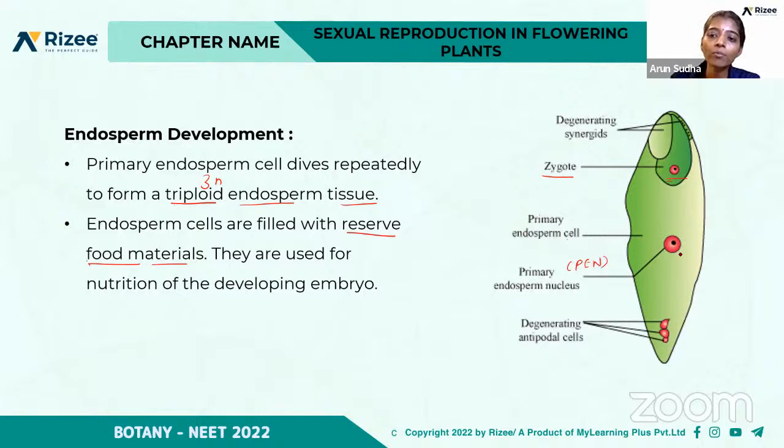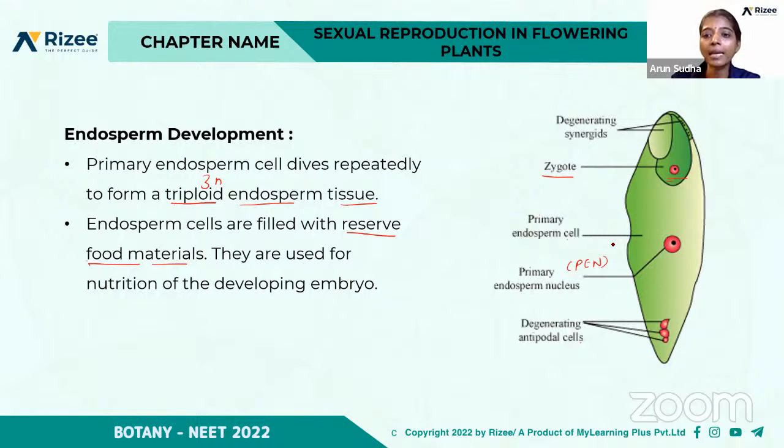So how is this formed? One male gamete fuses with the two polar nuclei to form a primary endosperm nucleus. And after fertilization and other changes, the antipodal cells also degenerate. So degenerating antipodal cells. So this is the structure of the embryo sac after fertilization. Okay.